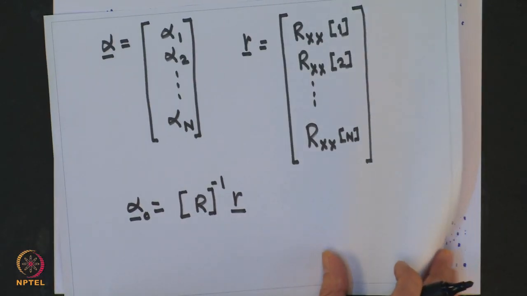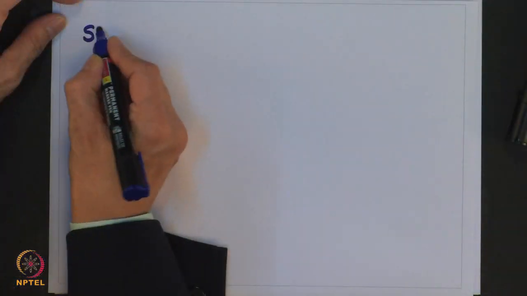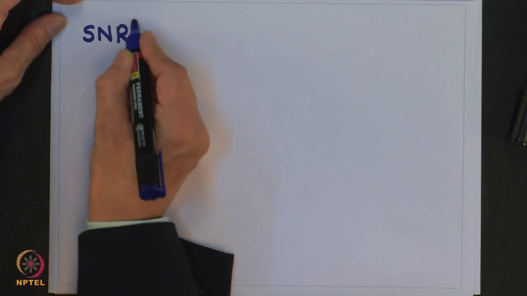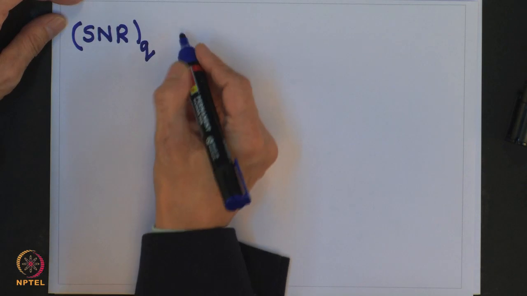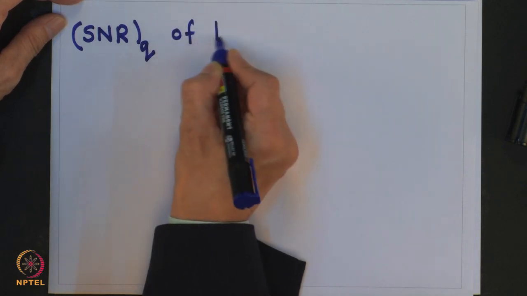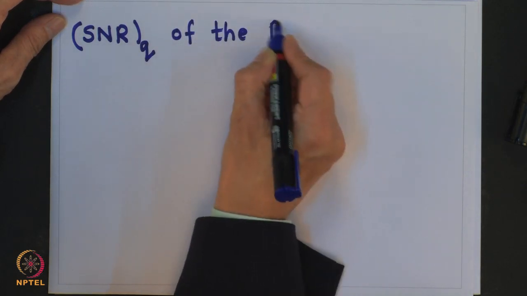Okay. Now let us calculate the signal to noise ratio of the DPCM system. When I say signal to noise ratio, here I mean the quantization noise of the DPCM system.